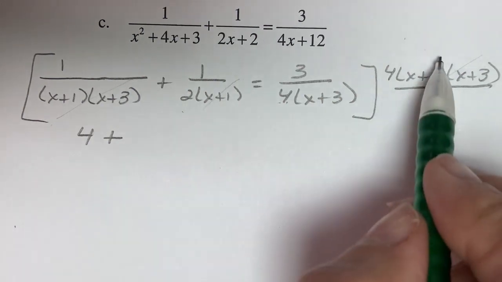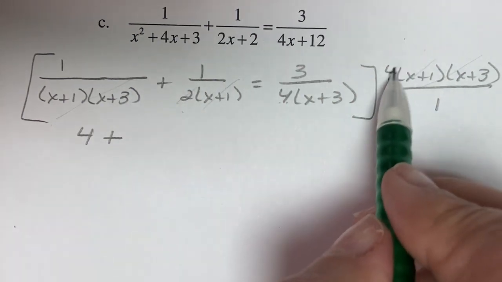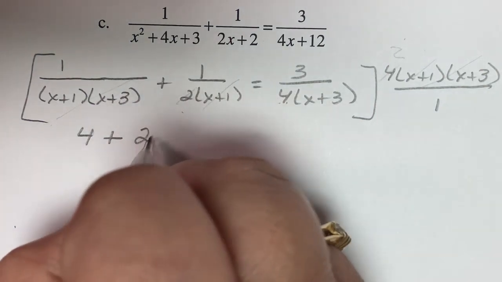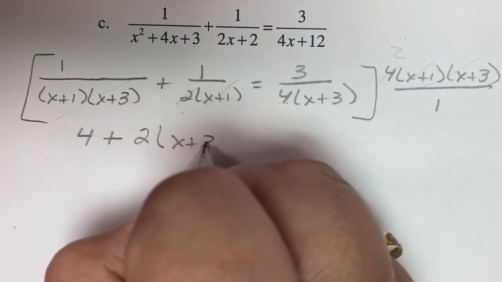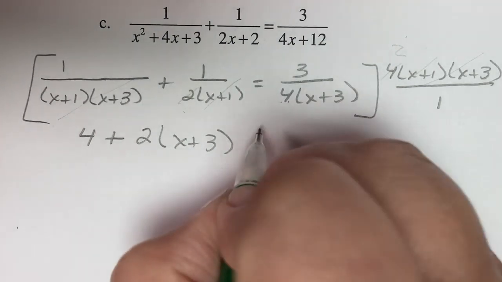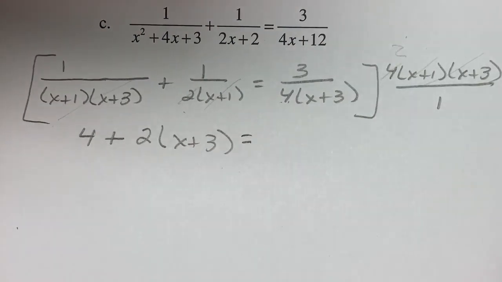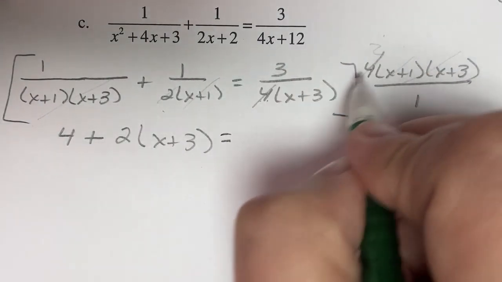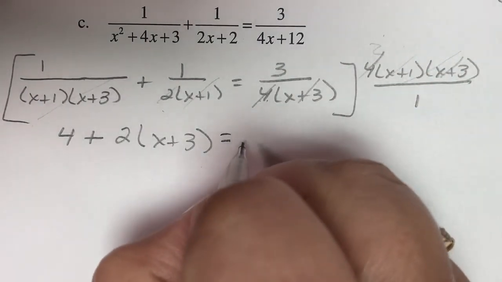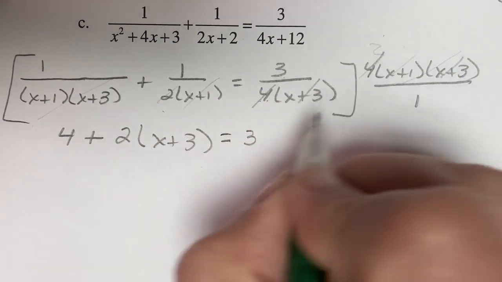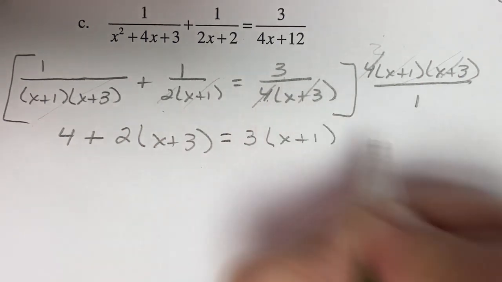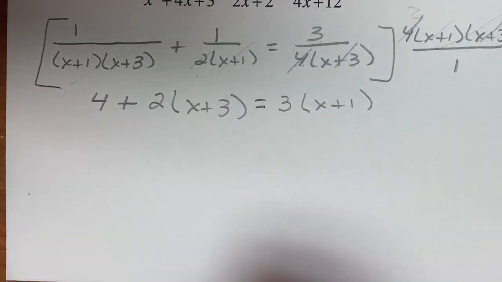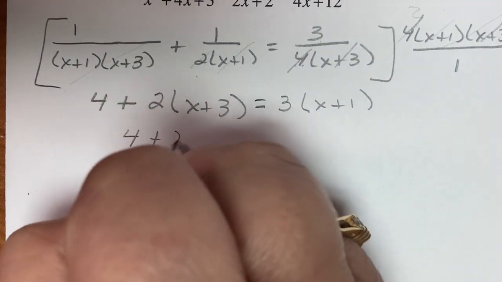Here, the x plus 1s are going to cancel, and the 2 will cancel into the 4, leaving me with a 2. So I'm going to have 2 times x plus 3 left. And if I do this last fraction, multiplying it, the 4 cancels, the x plus 3s cancel, and I'm left with this 3 times x plus 1. And now it's just a matter of solving this old-fashioned equation.